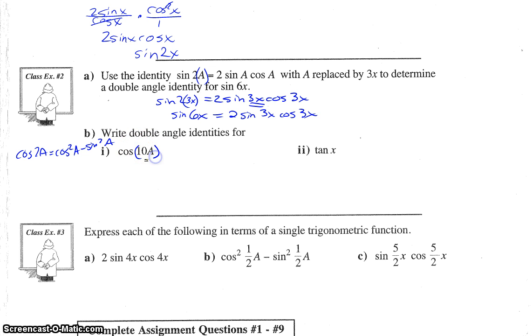I hate that they use the same variable, but if we compare this to this side, the 2 would have to make this a 5a, right? See how that could be equivalent? Then replacing that on the right-hand side in this identity, we scoop out the a and put in what our new a is, which is 5a, and then minus sine squared, and the same thing, 5a.